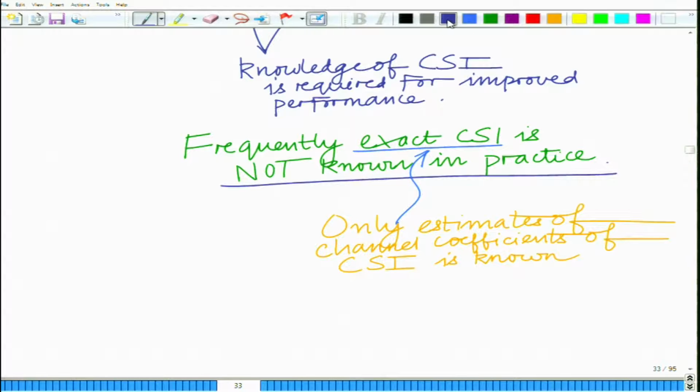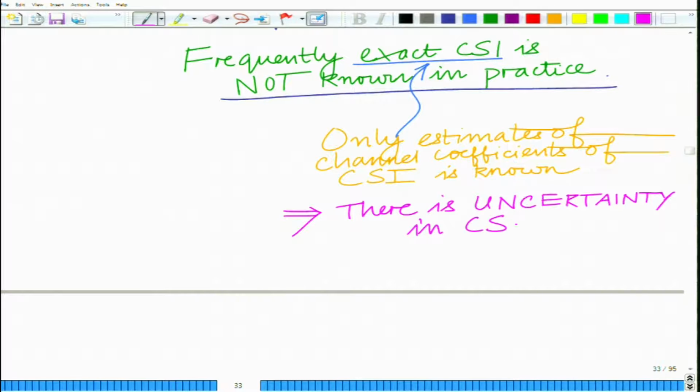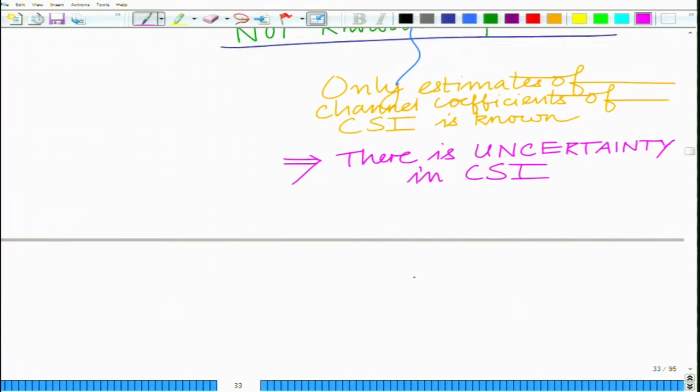This implies that there is uncertainty in the CSI, termed CSI uncertainty. This uncertainty in the CSI arises from the estimation errors. There is uncertainty in the channel state information.